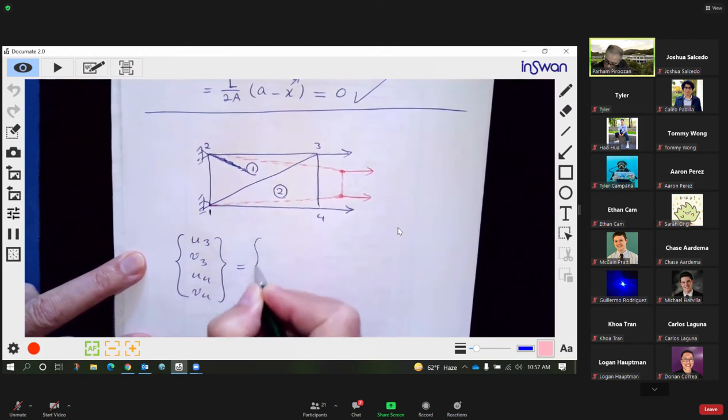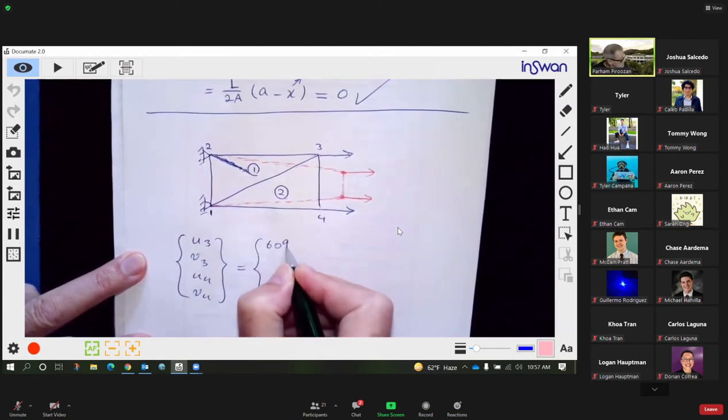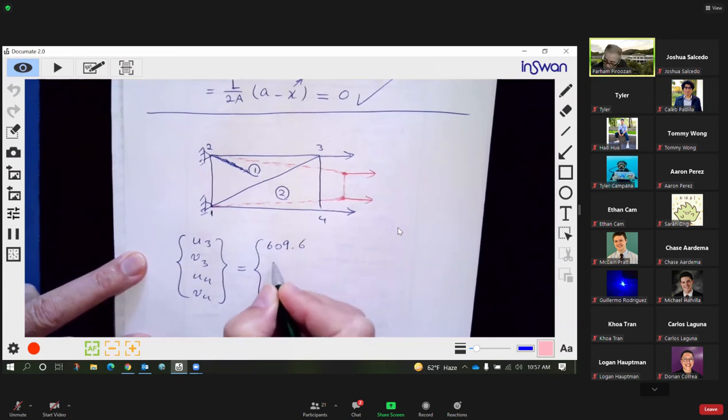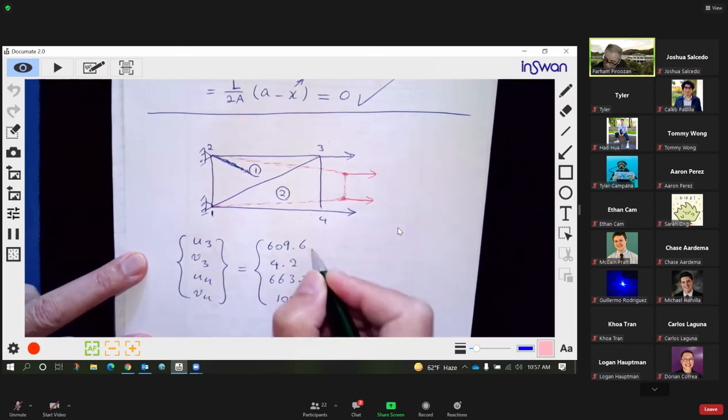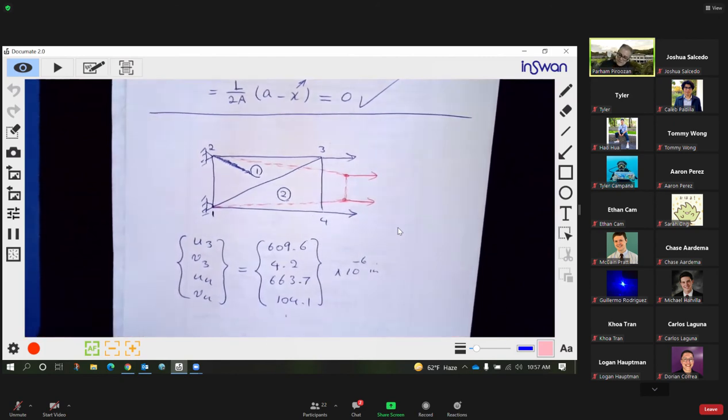What we found are these: 609.6, 4.2, 663.7, and 104.1. Everything times 10 to the power negative 6 inches. Okay, this is what we got.